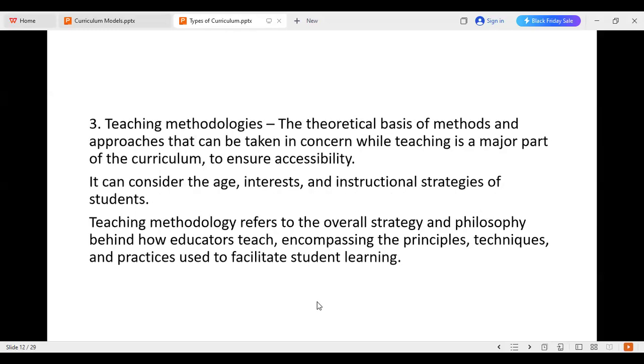Teaching methodologies, third part. The theoretical basis of methods and approaches that can be taken into concern while teaching is a major part of the curriculum, to ensure accessibility.